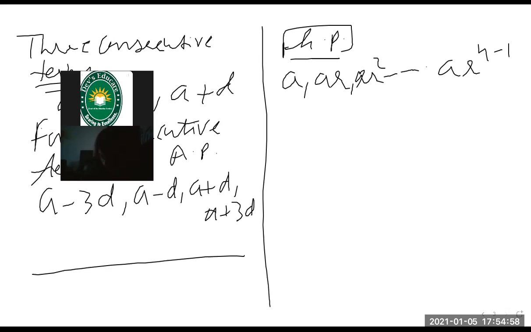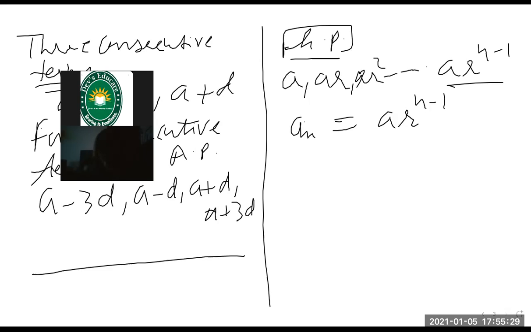The nth term is A times R to the n minus 1, where A is the first term and R is the common ratio.